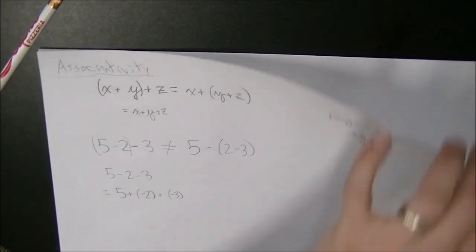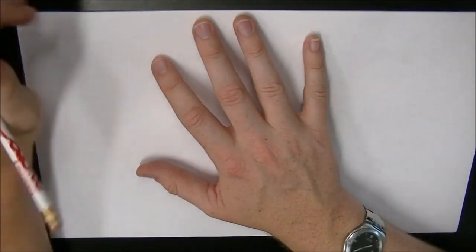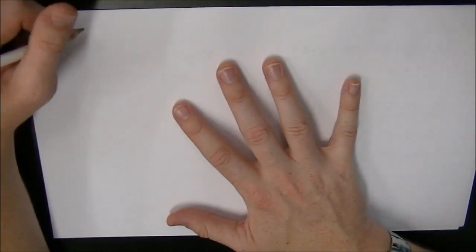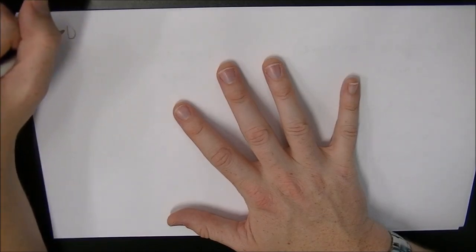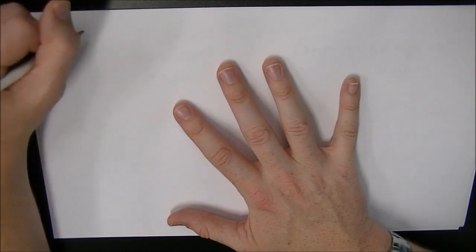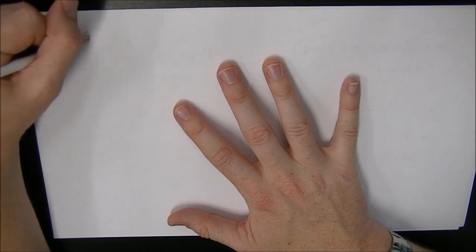So those are the two big rules that we're going to be using that are specific to addition and multiplication. How do addition and multiplication work together? We have the distributive law is what you've probably heard. So distributivity.